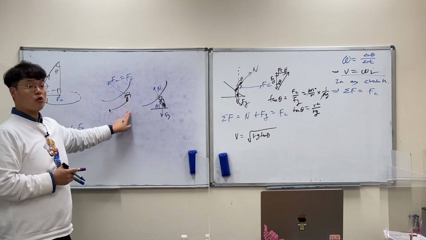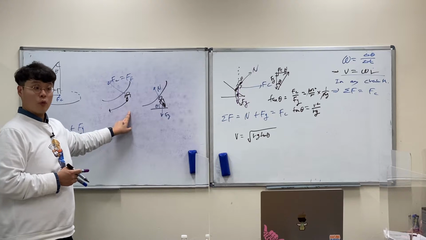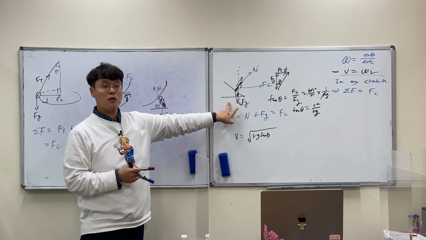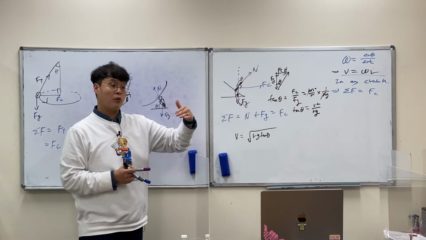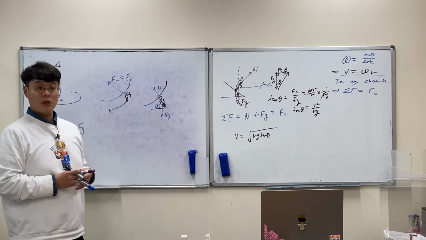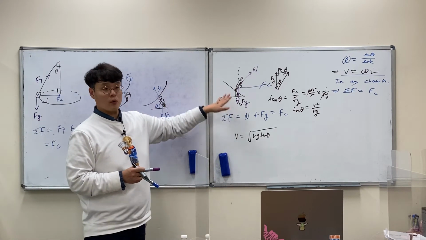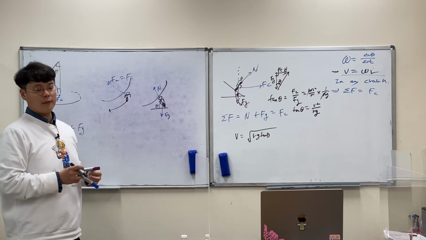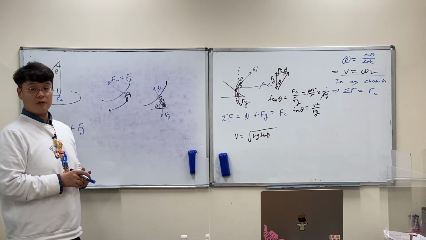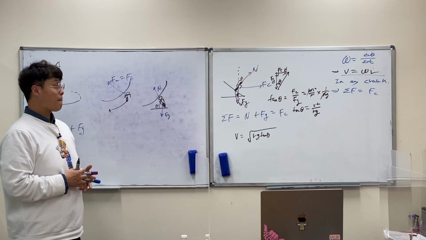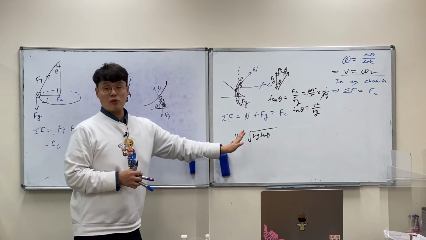But this requires a huge amount of friction. Whereas that requires, because of the banking effect, you will minimize the friction force. So therefore, it will be much more beneficial, and give you more assurance on the safety issues too. All right, that's where we were up to last week.